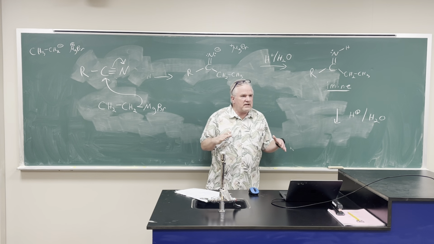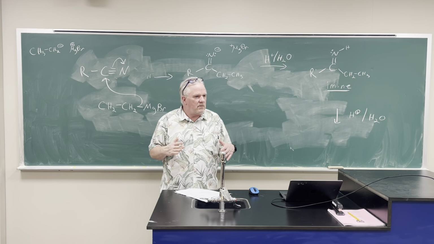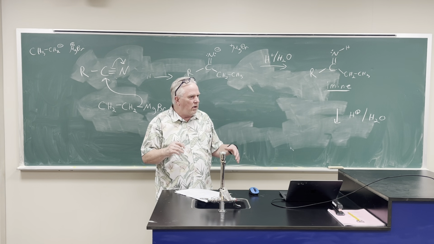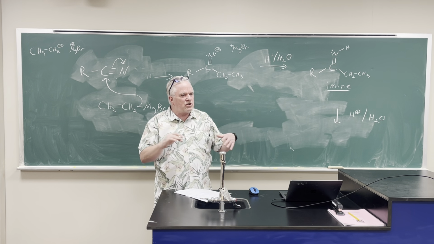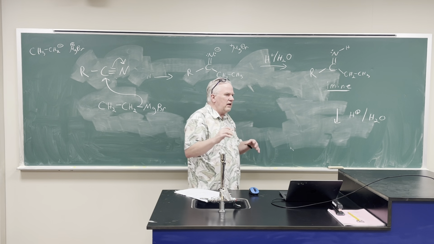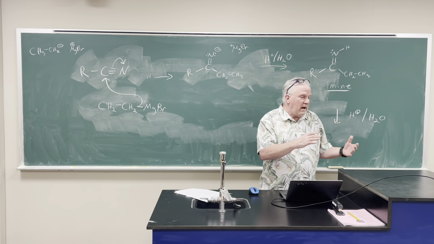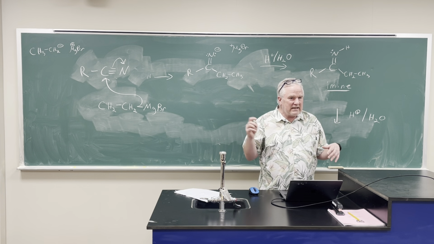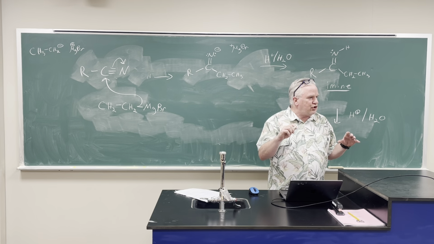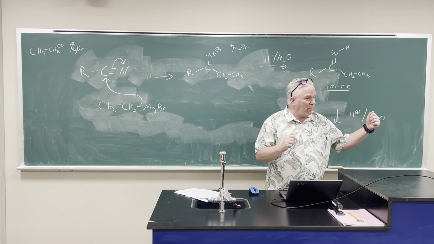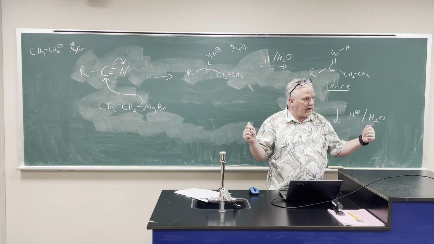Remember, I've talked about this a couple times the last week or so. I've been talking about it all along, but I'm really emphasizing now. We see these great big mechanisms. Students get a little worried, do I have to memorize that mechanism? And the real answer is, you could memorize that whole mechanism, or you could do it step by step, because a mechanism is just all of the elementary steps to get us from reactants to products.